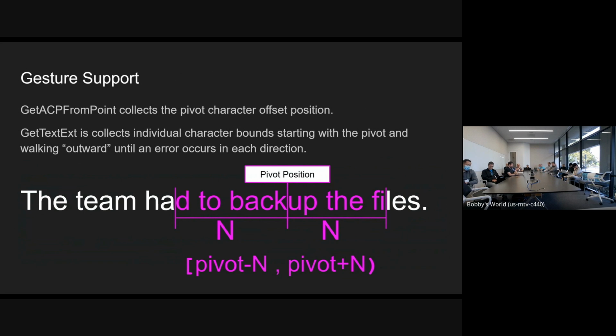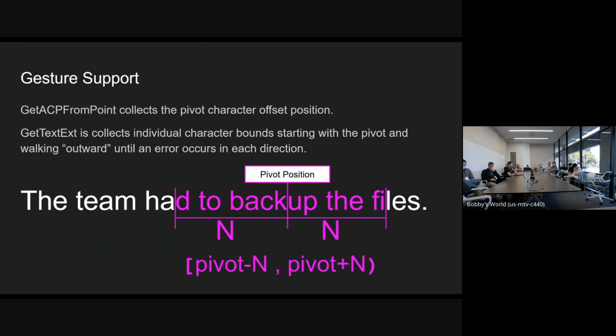And it'll start with that pivot position, expand outward until there's a failure in both directions, and then use that as the context for determining what gesture, if any, was likely performed in that area. So the handwriting API will call the existing TSF, the Text Services Framework APIs, for GetACPFromPoint.